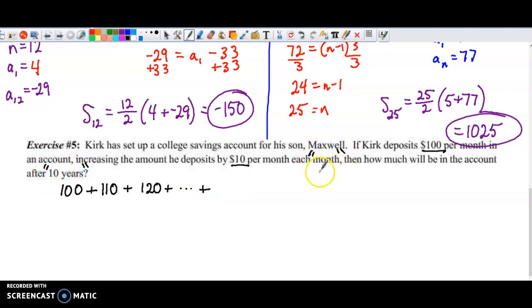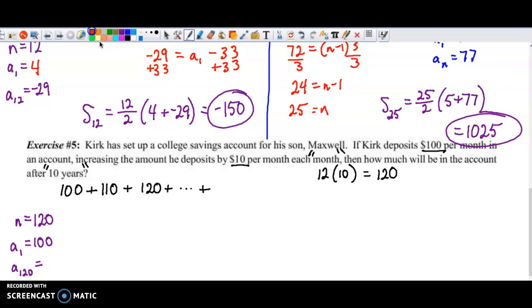So think about it. If there's 12 months in a year and we're doing it for 10 years, that we're doing this 120 times. So just going through my checklist, I know that n is 120. I know the first deposit is 100. Well, do we know the 120th deposit?